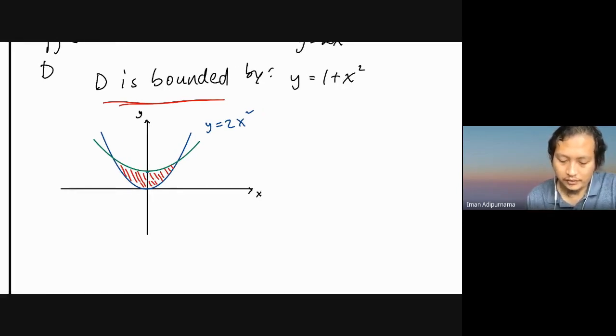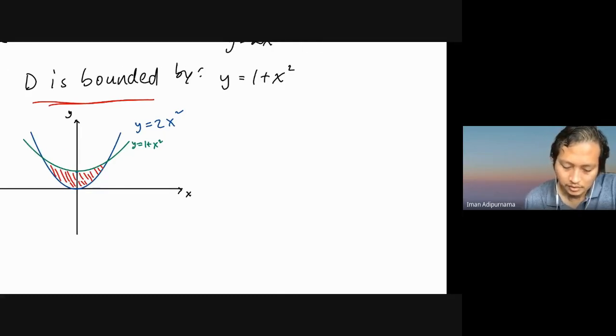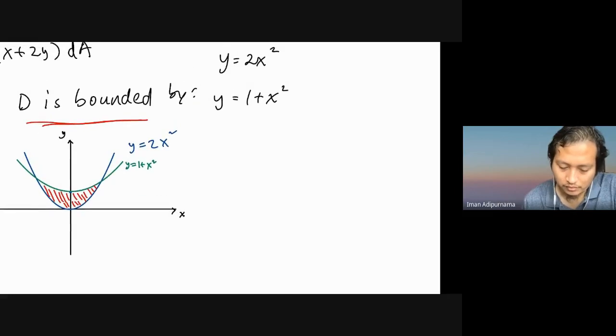Now, the idea of integration, aside from drawing, is you need to be able to tell the intersections from this. Usually in the double integral, you need to find the intersections, the set of points that is going to be evaluated. Okay. So now you have these two, right?